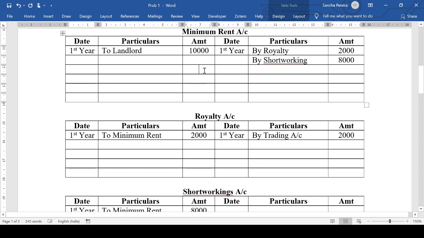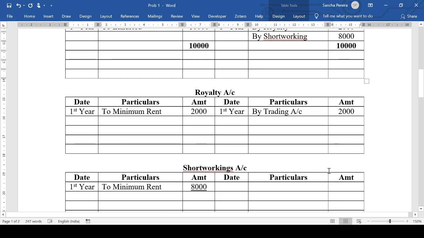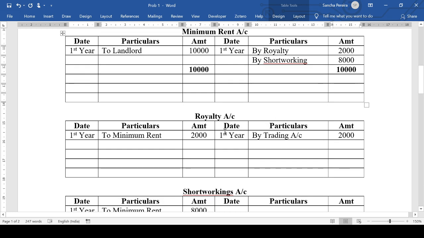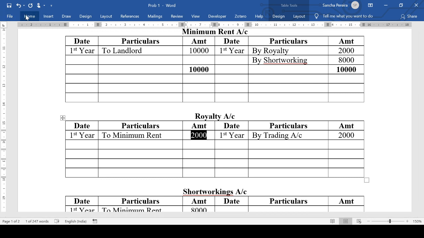Close this. Total here is 10,000. I think all the accounts are tallying 10,000 except short working. This is also closing, so just close it here.